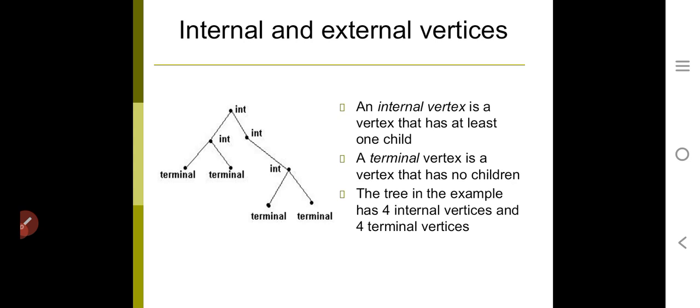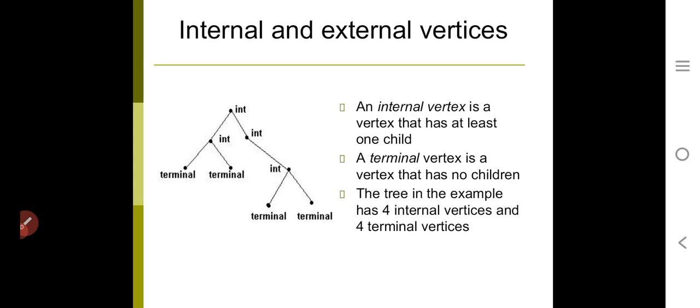Degree means the number of edges incident on a specific vertex. So an internal vertex has degree 2 and only one child.